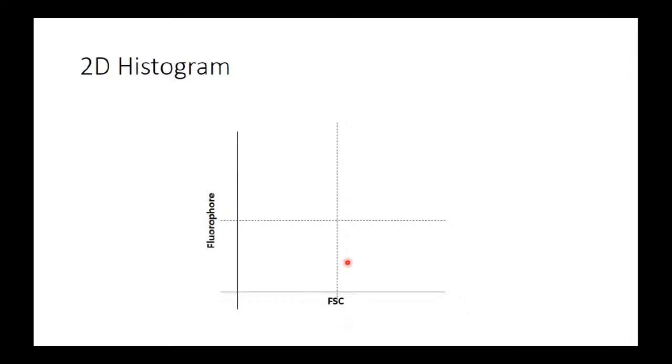When the cell appears here, it means that these cells are small cells because they have a low signal on the forward scatter, and they have a low signal on the fluorescence detectors, so they are not expressing the protein. When the cell appears here, it means that the cell is not expressing the protein because it has low fluorescence, but it's a big cell because it has a high signal on the forward scattered light.